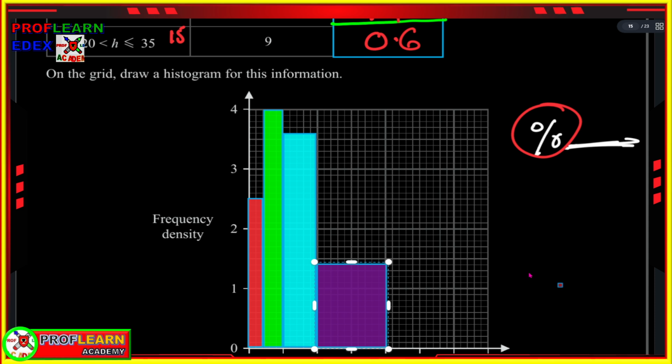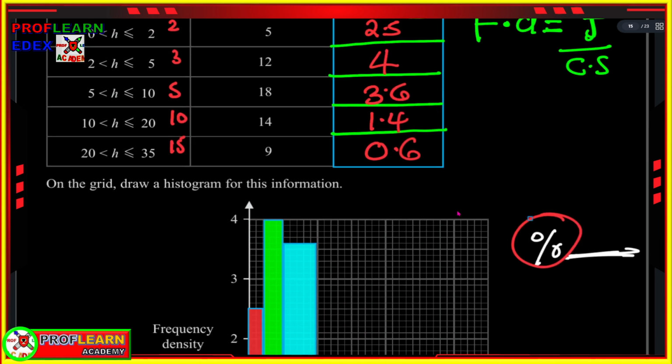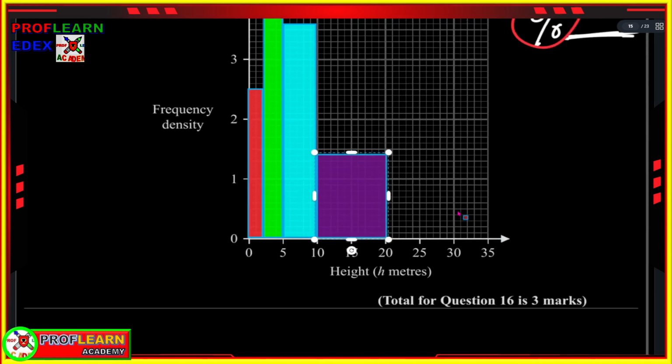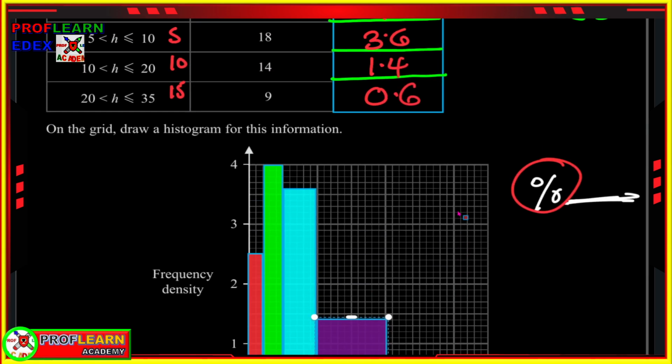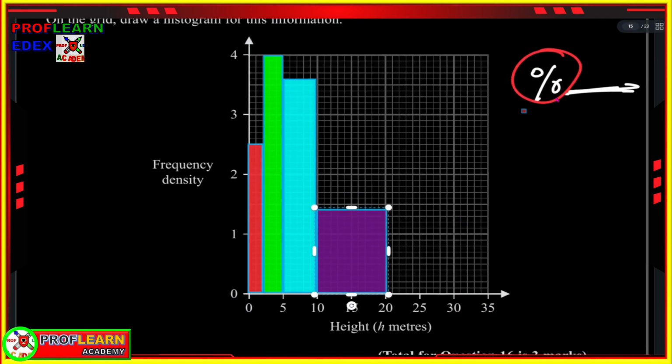And then we have 20 to 35, 0.6. I think this moved.